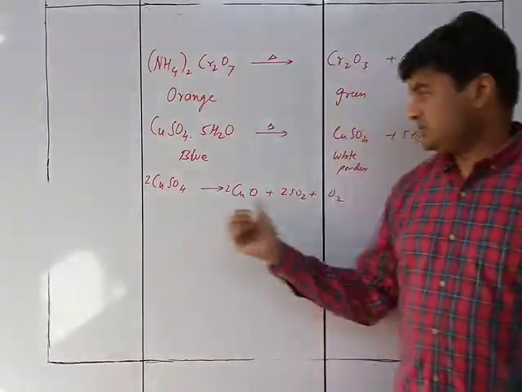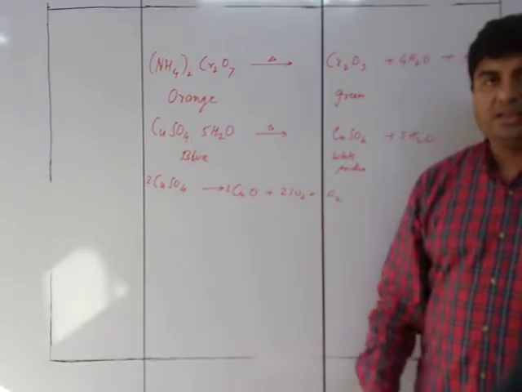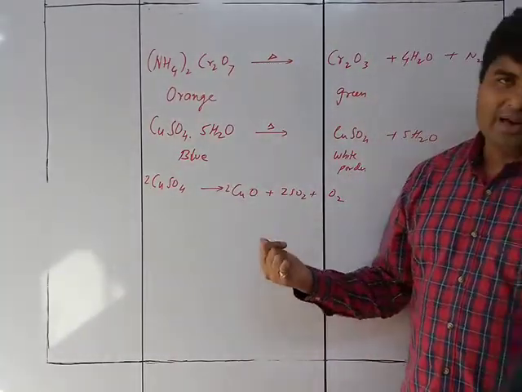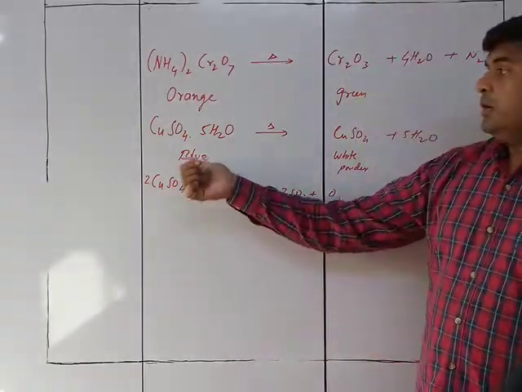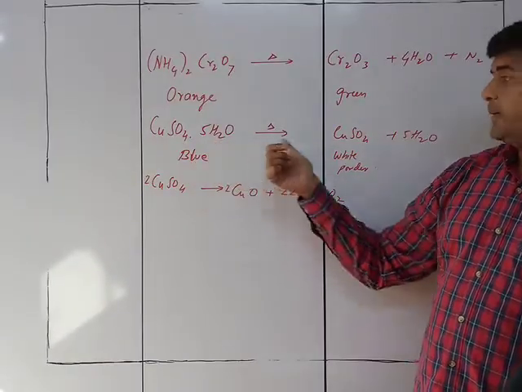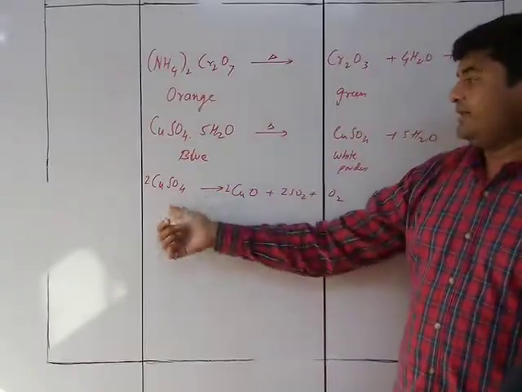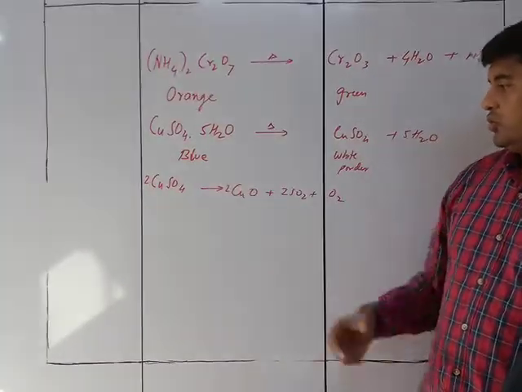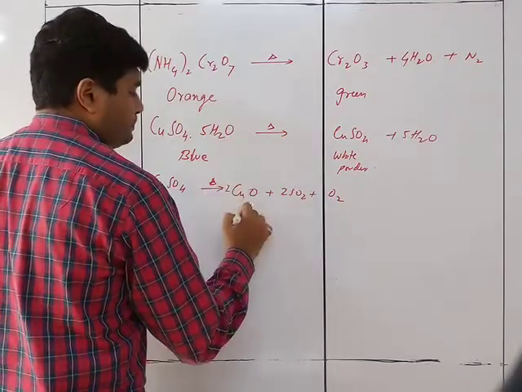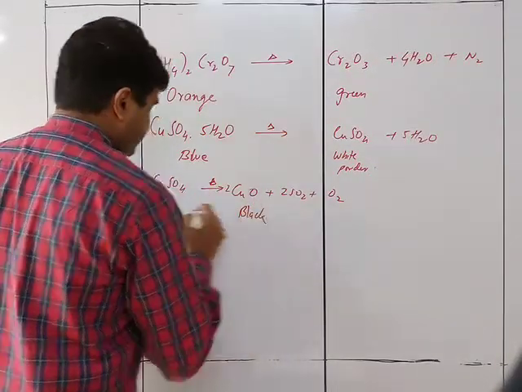Here is a new reaction which is not there in the earlier part. Sulfates were not taken into consideration because this is slightly different. So copper sulfate, if it is crystalline and heated, becomes white. If this white is heated strongly, it is going to give you copper oxide. Now copper oxide over here is black. This is white.